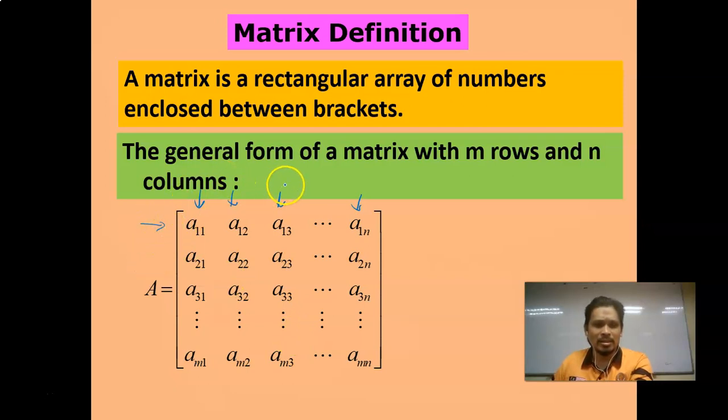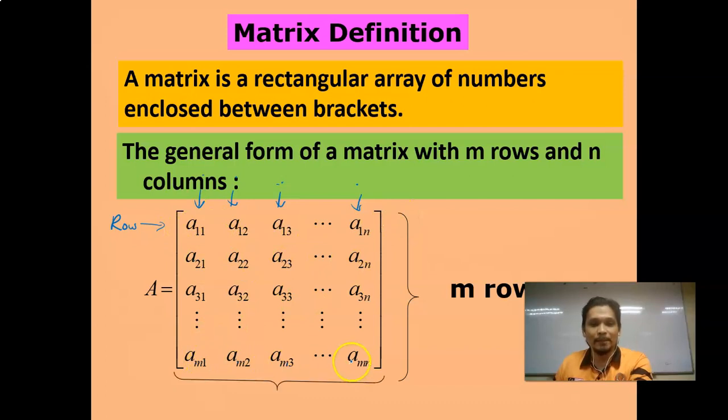Sorry, I made a mistake just now, I was confused. This is a column, and this is a row. So there are m rows: row 1, row 2 until row m, and then n columns: column 1, column 2, column 3 until column n.